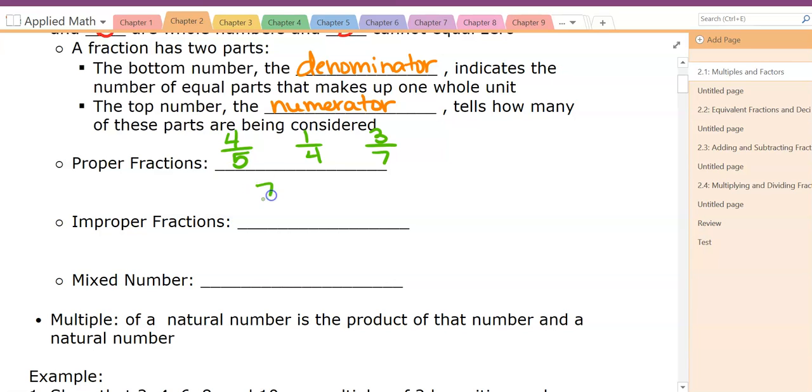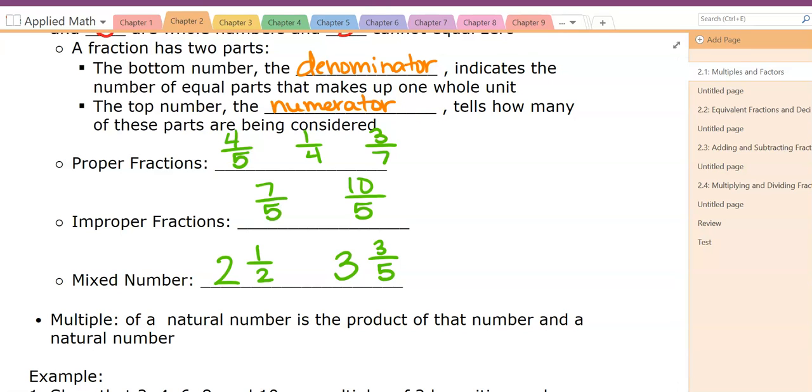So like 7/5, 10/5. Sometimes they are written that way even before they've been simplified. Like we could probably simplify 10/5 to 2. Now a mixed number would be when you have a whole number portion and a fraction. So 2.5 would be an example, or 3 3/5. So anything that looks like that, those would be considered mixed numbers.